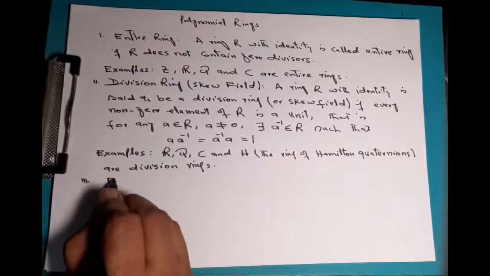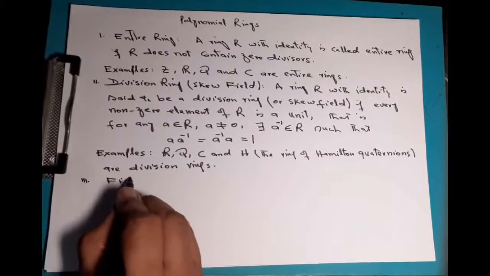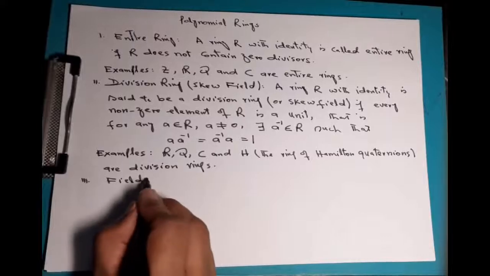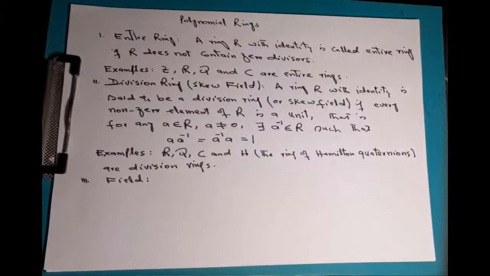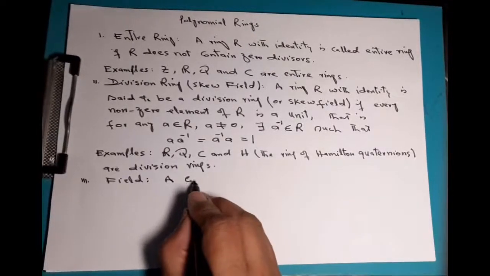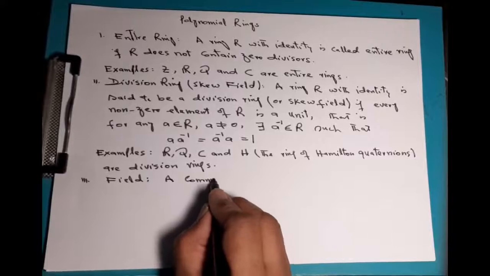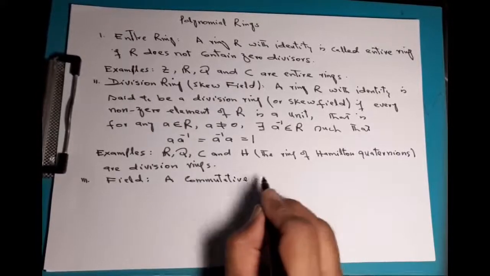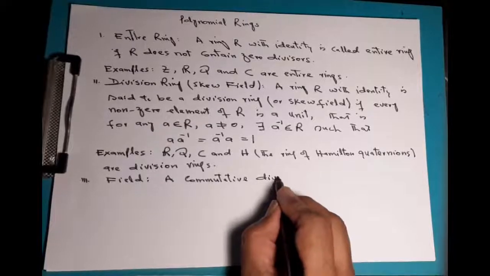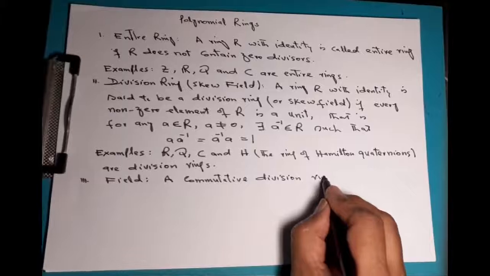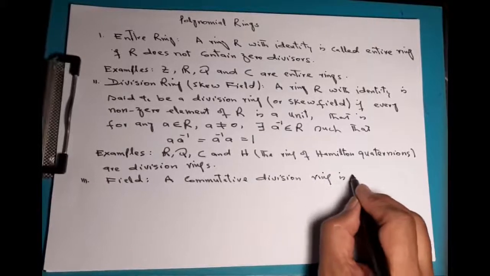So field. So definition is just simple as I have just described. A commutative division ring is called field.